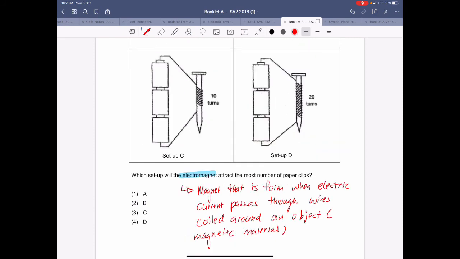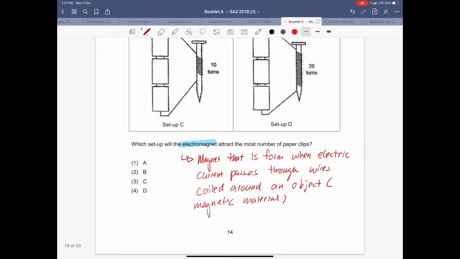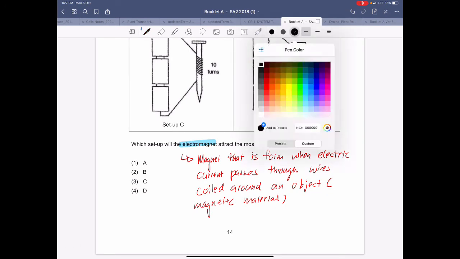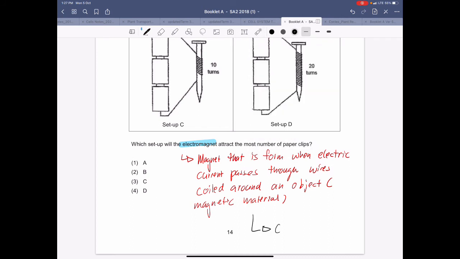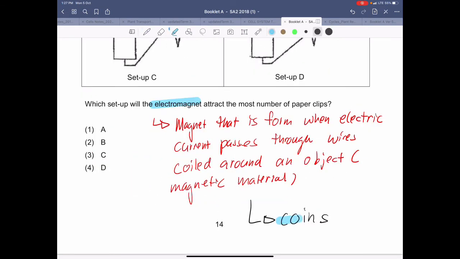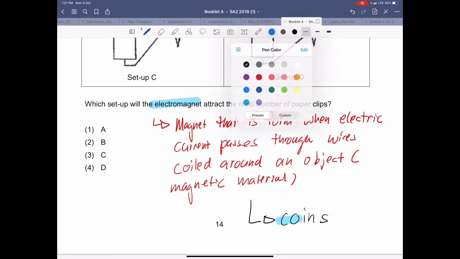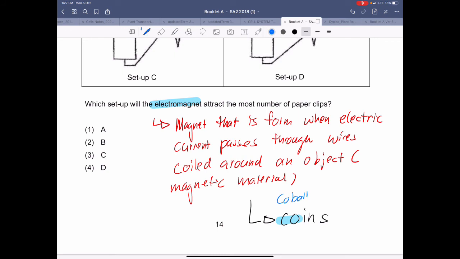So once again, just in case you don't know what is considered a magnetic material, or you get confused, we always use the short form COINS to help us. CO stands for cobalt. I, in this case, stands for iron.